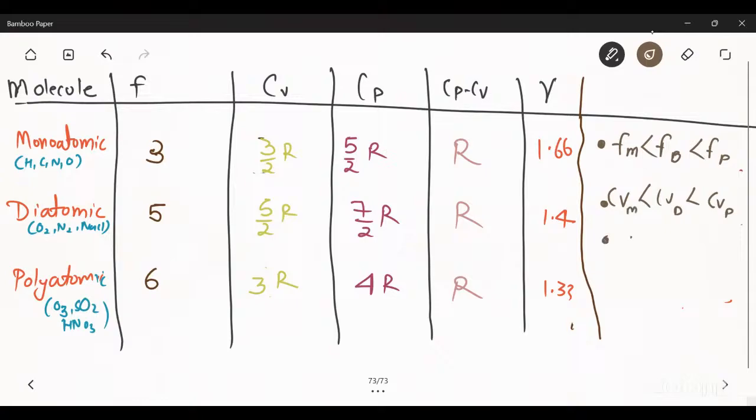Next, the value of Cp for monoatomic is less than the value of Cp for diatomic, which is less than the value of Cp for polyatomic. And the last one is the value of gamma for monoatomic is greater than the value of gamma for diatomic, which is greater than the value of gamma for polyatomic. So these are the relations among them.